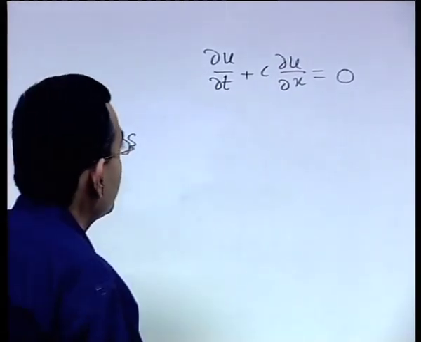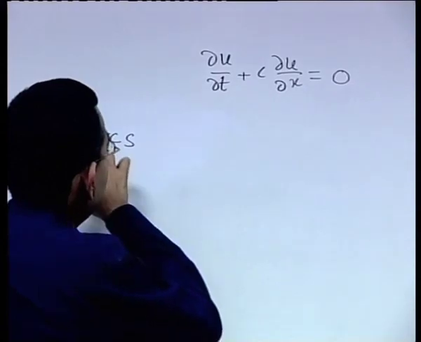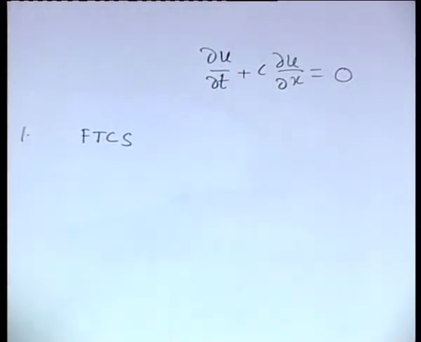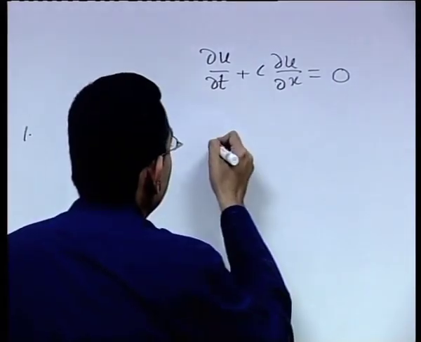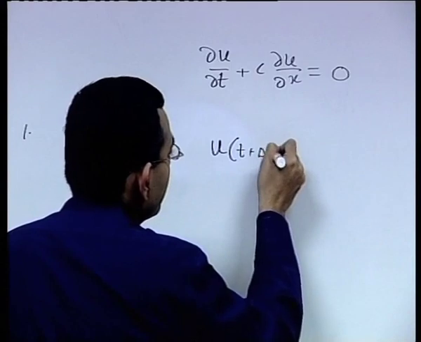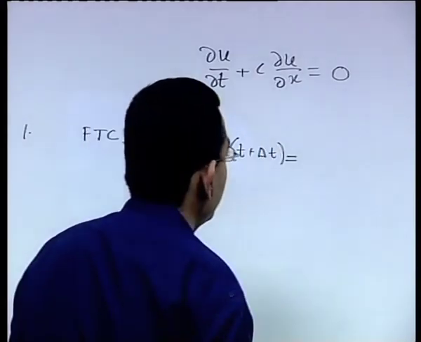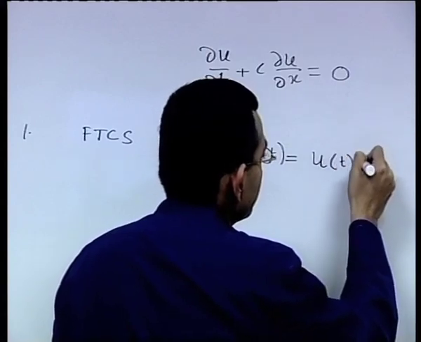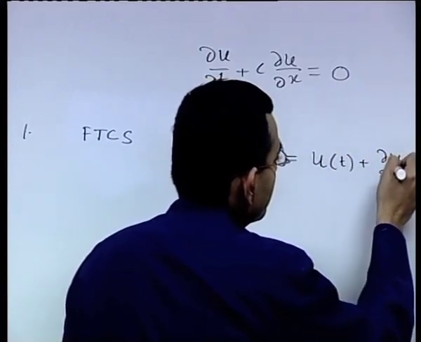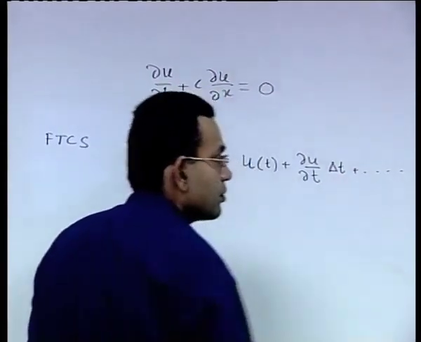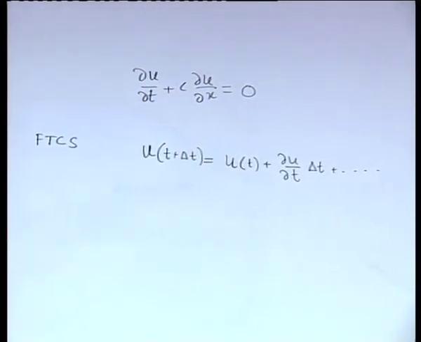To do that we have to keep in mind that the time derivative is to be represented by a forward difference. So, u at time t plus delta t is equal to u at time t, and so on.